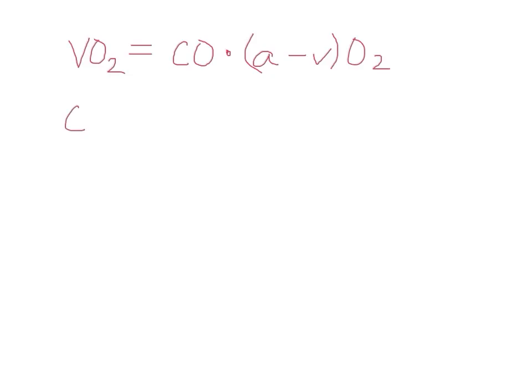So, oxygen consumption is equal to cardiac output multiplied by the difference in oxygen between the arteries and the veins. Cardiac output equals the stroke volume multiplied by the heart rate.